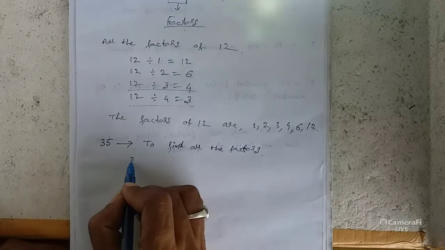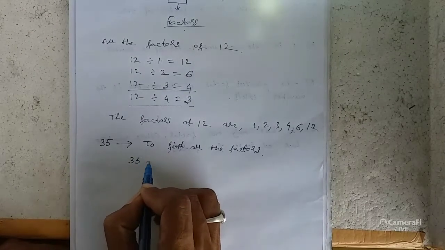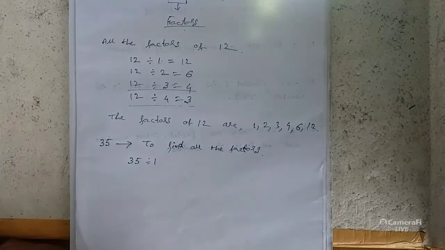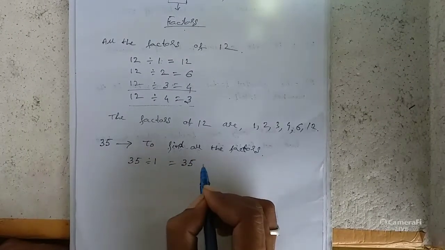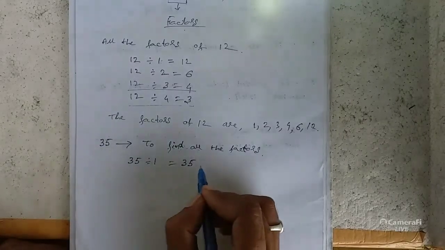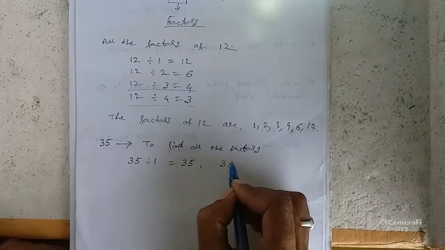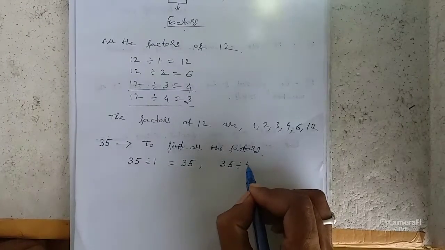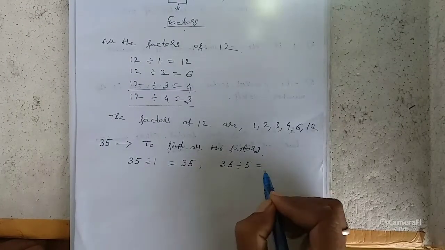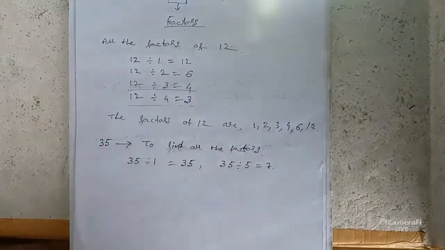So let us first divide 35 by 1. Divisible by 1 we get 35. If we divide 35 by 2, it is not possible. 3 cannot divide 35. 4 also cannot divide 35. 5 can divide 35. If we divide 35 by 5, 5 7s are 35.